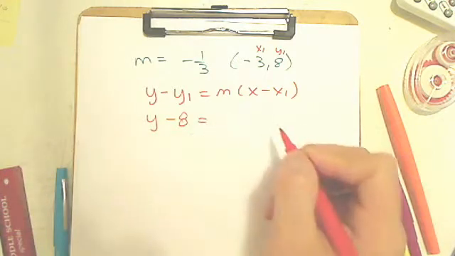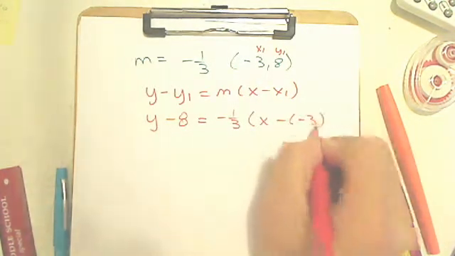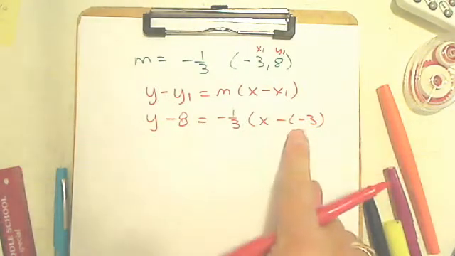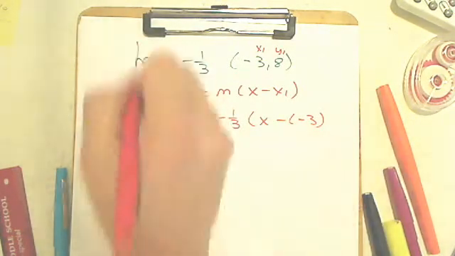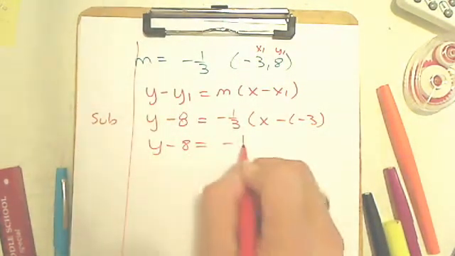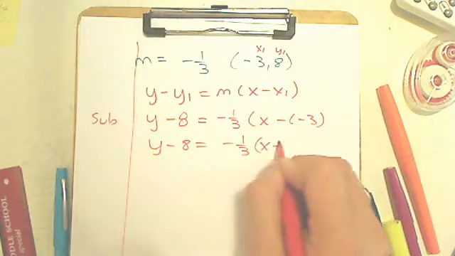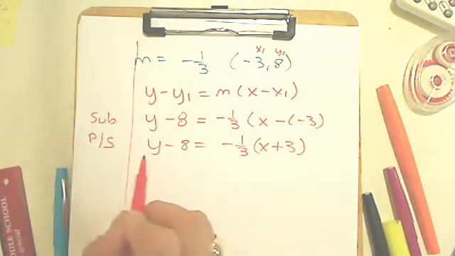Y minus 8 equals negative 1/3 X minus negative 3. Be careful right here. Minus negative. So here I'm substituting in. I'm going to rewrite it. Y minus 8 equals negative 1/3 X plus 3. This is my point slope form.